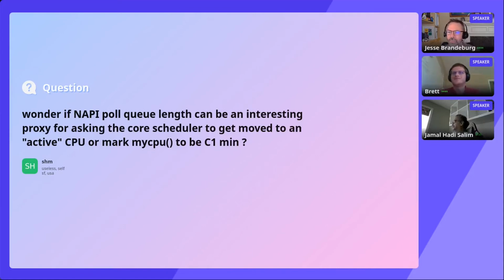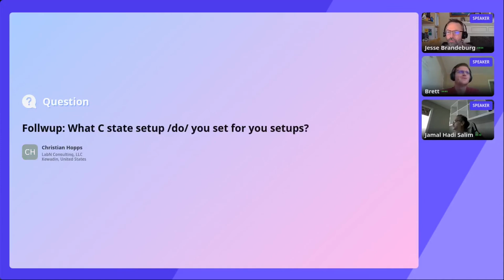And Christian asks, what C-state setup do you use for your setups? I'm not quite sure that I have the whole question there. In this experiment, Brett, do you want to talk about how you set the C-states up in the script?